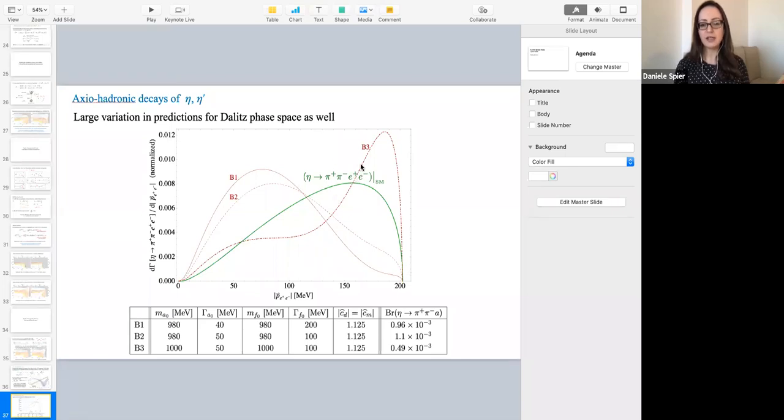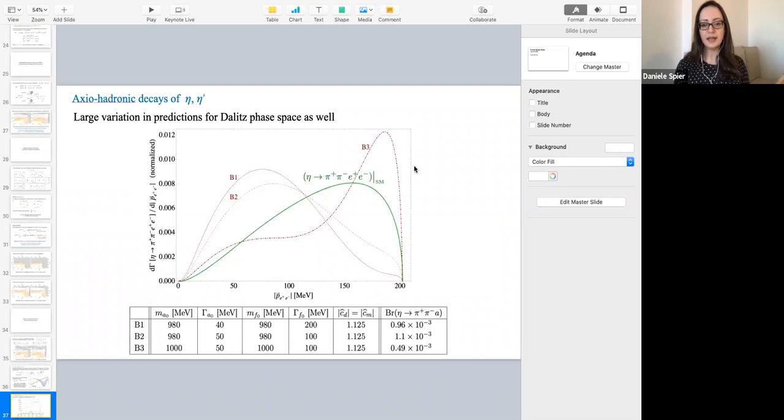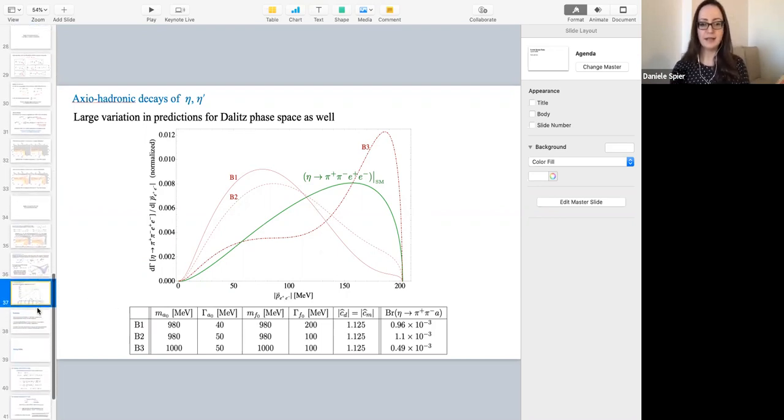This is what you get, for example, in the standard model. But in this model, because you have non-trivial momentum dependence of these amplitudes, you can have very different Dalitz phase space. And this is important because it affects your experimental acceptance once you start putting cuts on these final state objects.